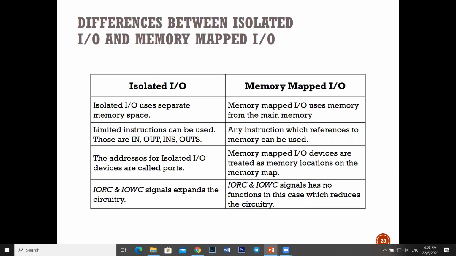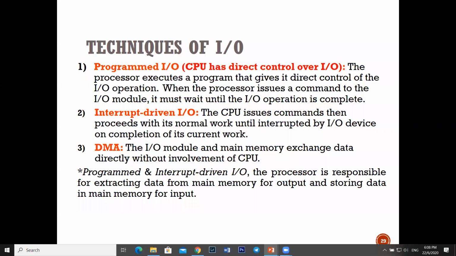Techniques of input-output. Program input-output: the CPU has direct control over input-output. The processor executes a program that gives it direct control of the input-output operation. When the processor issues a command to the input-output module, it must wait until the input-output operation is complete.